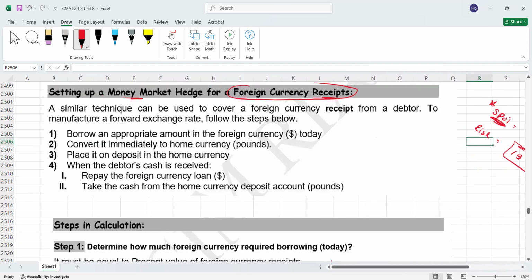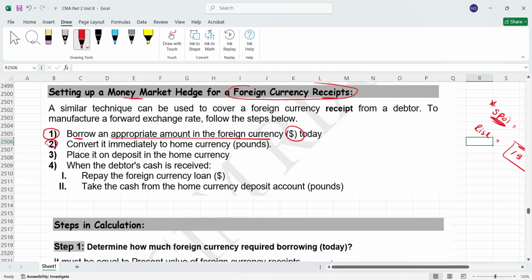Step number one is that I can borrow an appropriate amount in the foreign currency, which in my example is dollars. I'll receive the money from the customer in 3 months' time, but I want to convert it today, and I don't have the money, so I can borrow the dollars today.